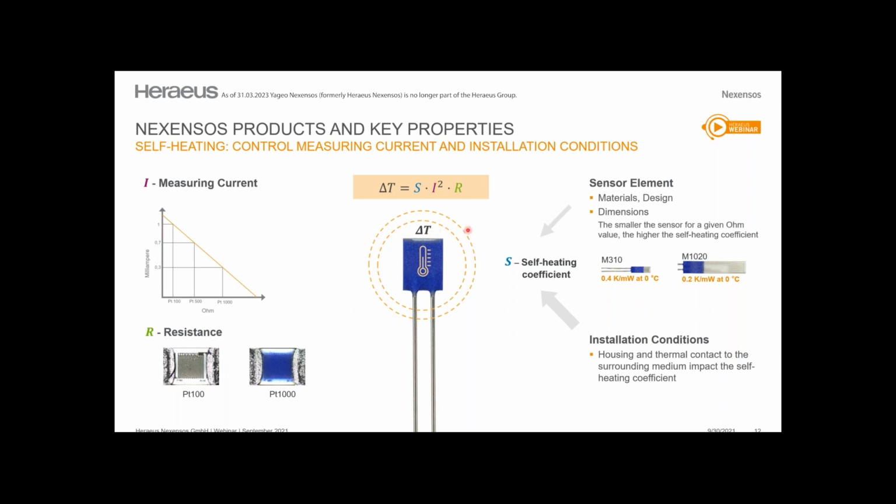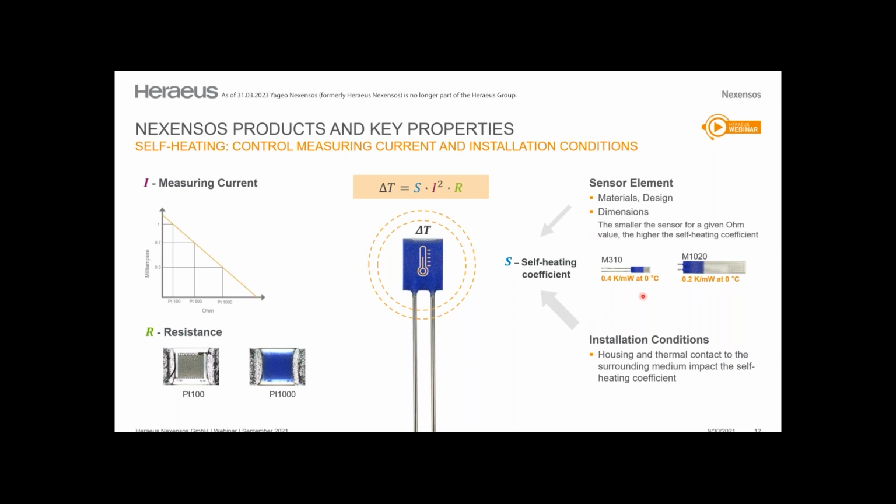But not only the measuring current and the resistance have an influence on the self-heating, but also the self-heating coefficient. And this is influenced by the sensor-specific characteristics on the one hand and by the installation on the other hand. You will find a sensor-specific self-heating coefficient on our data sheets also. And this coefficient is influenced by the material, the design, and also the dimensions of the chip.